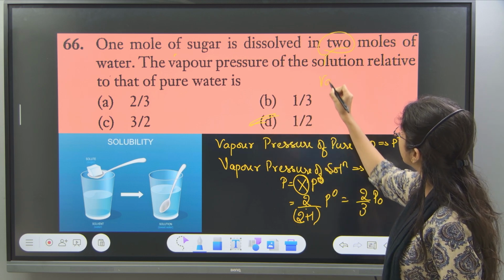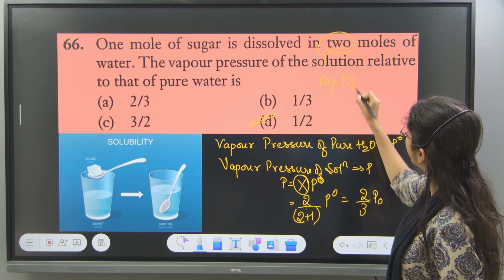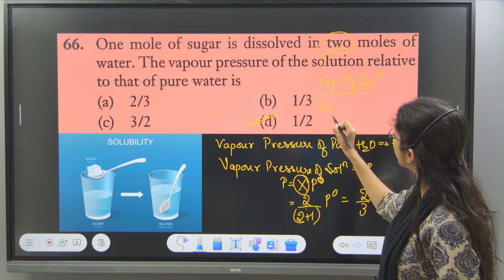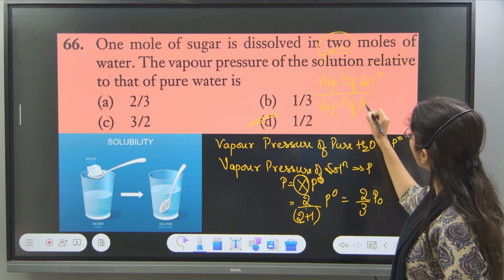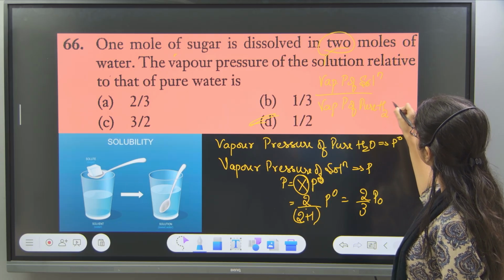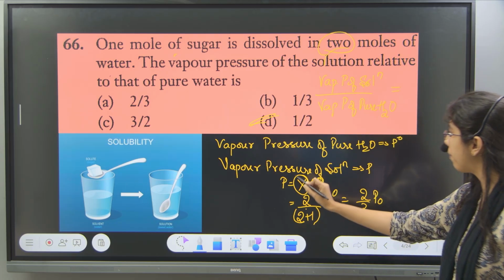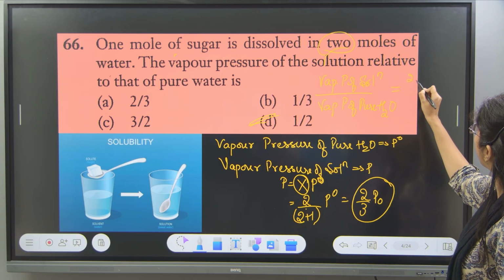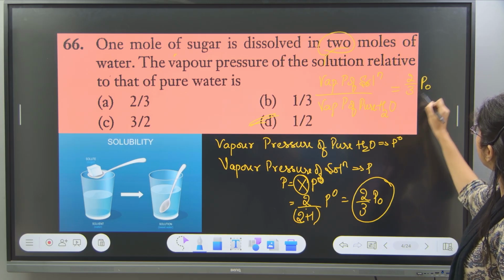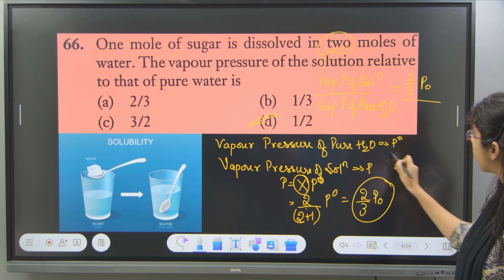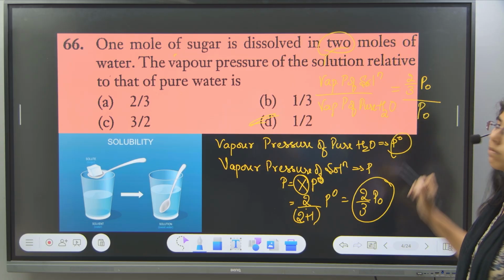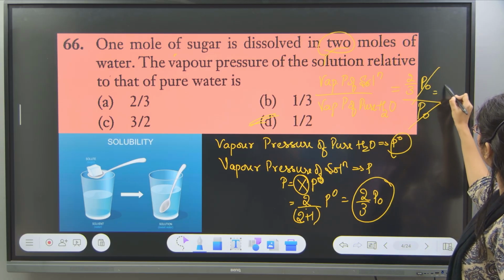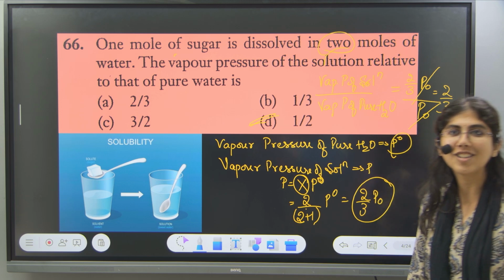So we shall take this vapor pressure of solution divided by vapor pressure of pure water. So what is the vapor pressure of the solution? We've got 2 by 3 P naught, divided by, what is the vapor pressure of pure water? P naught. Right? So cancel P naught, what is remaining? 2 by 3. So it is option A.